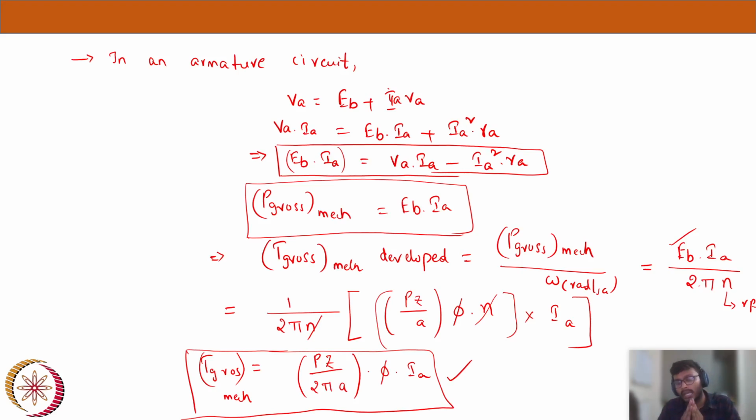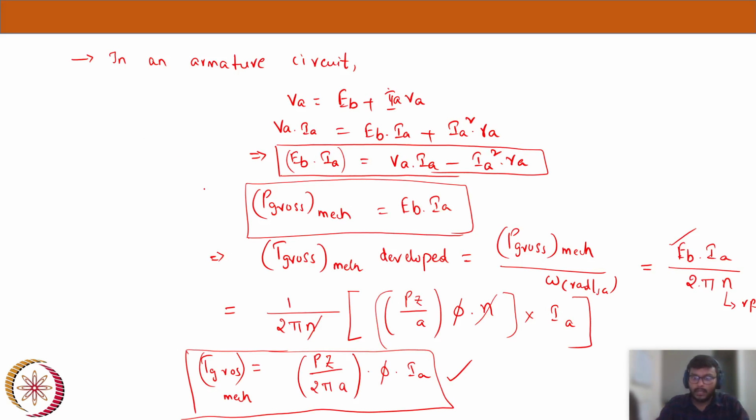If you take any kind of motor, these are the basic fundamental equations. EB voltage is equal to K phi omega or K phi n, and torque is equal to some constant, here Pz by 2 pi a, K, multiplied by phi into Ia. These two governing equations of voltage and torque are very important when dealing with DC machines.